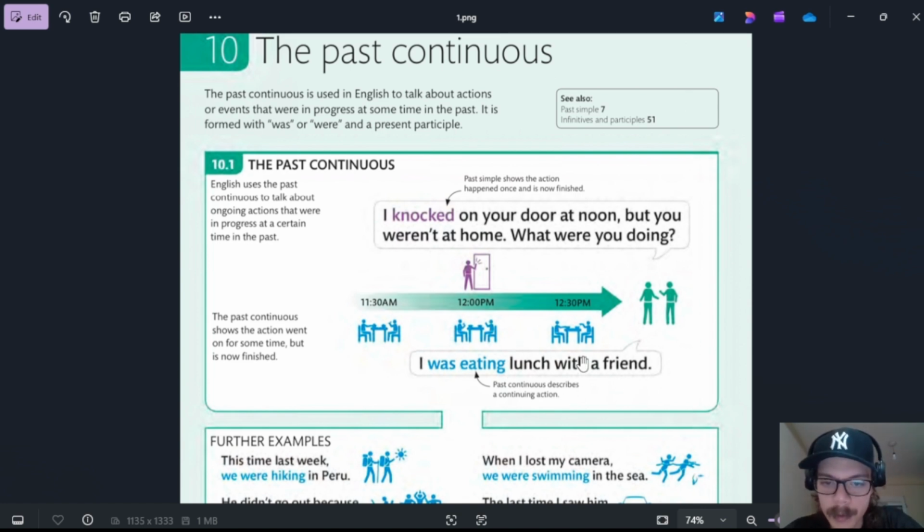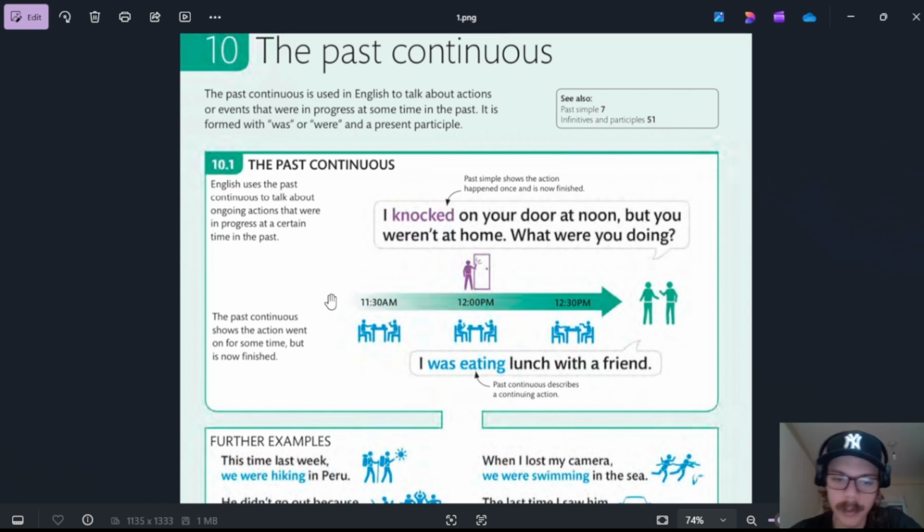So in this case, the action we're talking about is lunch, right? And you can see in the timeline, it starts at around 11:30 and it finishes at around 12:30. So it takes up a whole hour, the activity, right? So that's the difference in terms of purpose.